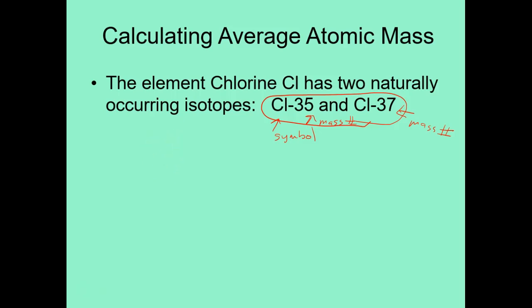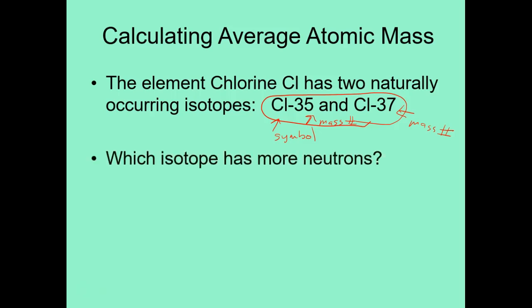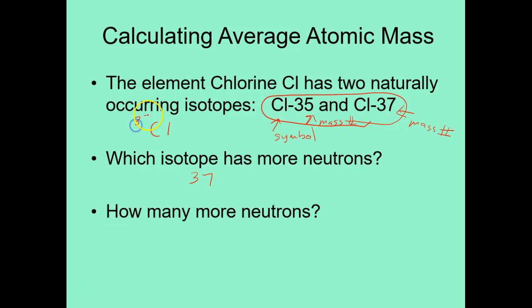So let's pretend we have these two isotopes that occur naturally in nature. Which isotope has more neutrons, 35 or 37? Hopefully you said 37. How many more? Well, chlorine 35 has 17 protons, and chlorine 37 also has 17 protons.